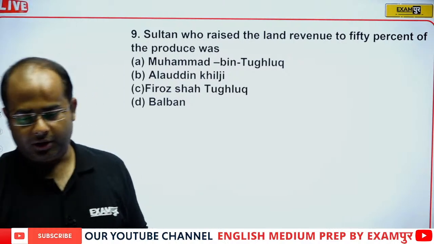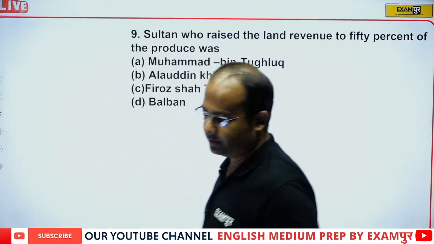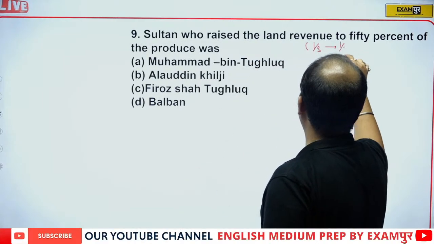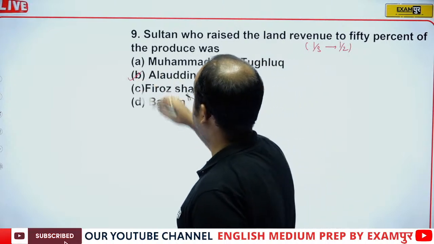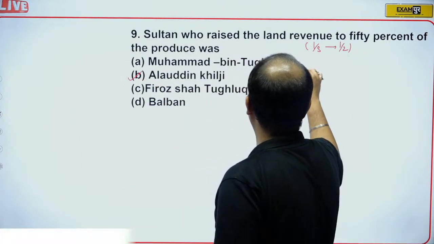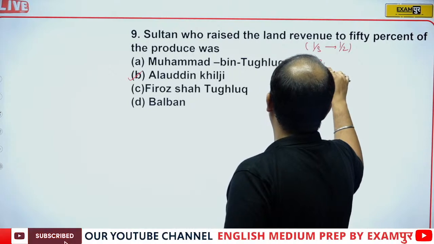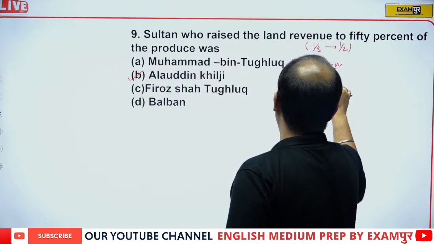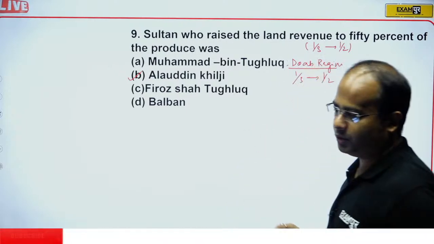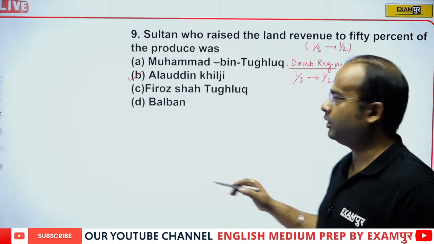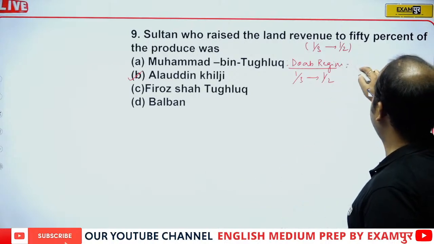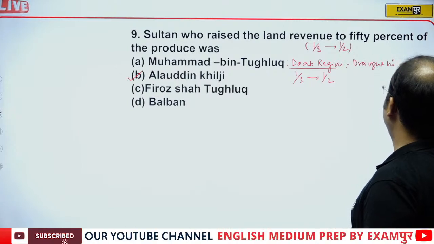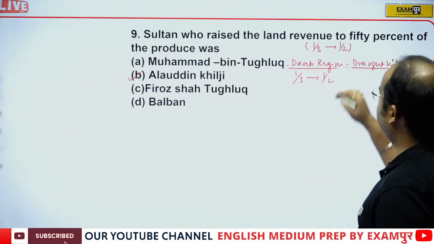Guys, the Sultan who raised the land revenue from 1/3 to half of the production was Alauddin Khilji. Muhammad bin Tughlaq in the Doab region also increased the land revenue from 1/3 to half of the production. But at that point of time the Doab was drought hit, therefore he had to take back his decision.